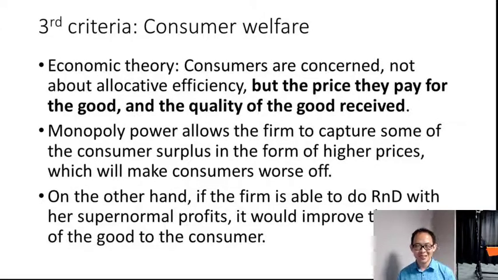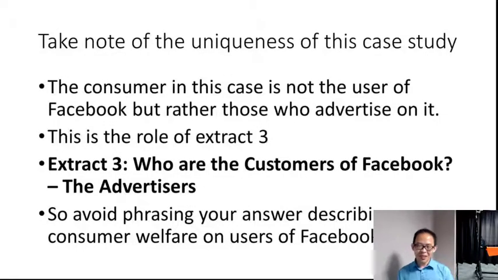That's the bad point about consumer welfare. On the other hand, if the firm is able to do R&D with supernormal profits, it will improve the quality of good to the consumer. But take note of the uniqueness of this case study: the consumer in this case is not the user of Facebook, but rather those who advertise on it. We try to teach you this by titling extract 3.